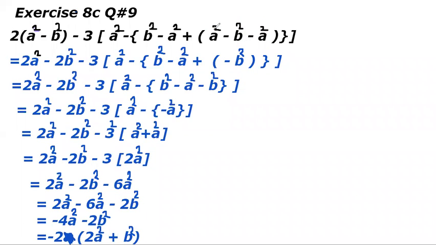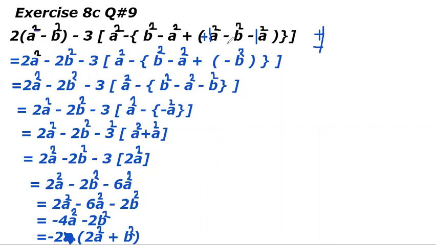a square means a positive 1a square, and negative a square means a negative 1a square. Now positive 1a square means positive a square 1 time, and negative a square means negative sign 1 time. Positive and negative will cancel each other, so a square will finish.